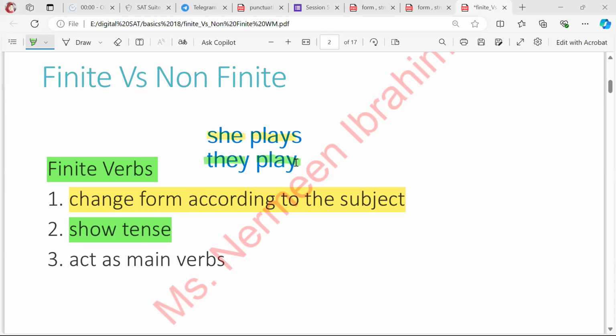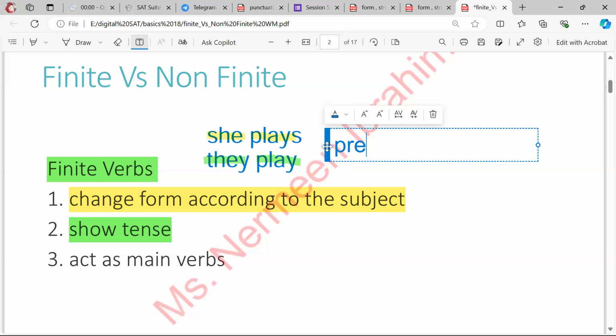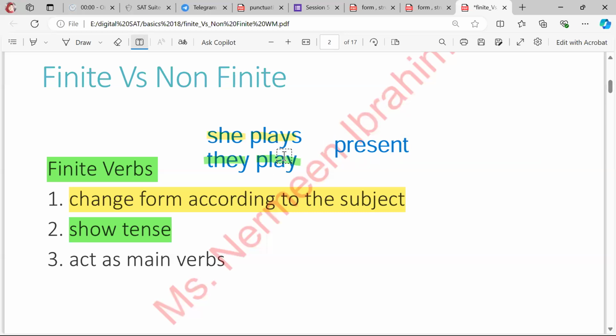Present. Amazing, that's perfect. That's present. So we have in these 2 examples 2 points covered. The first one is that the verbs change their endings or their structure because of the change of the subjects. And they both show present tense.